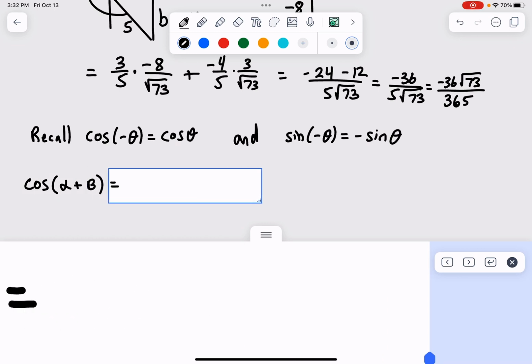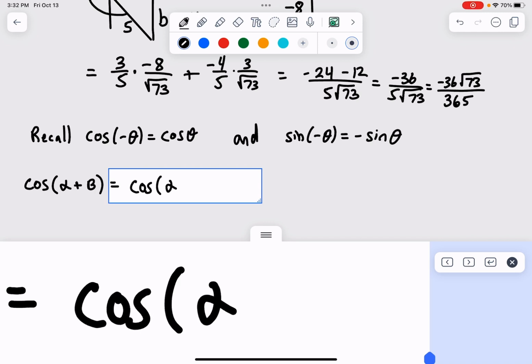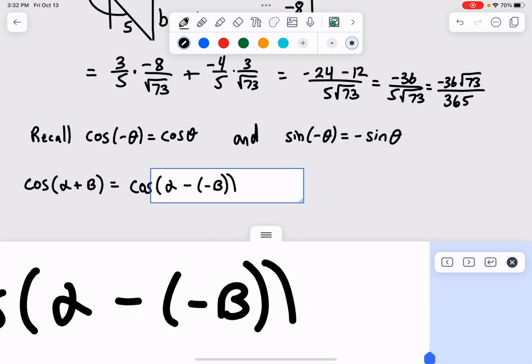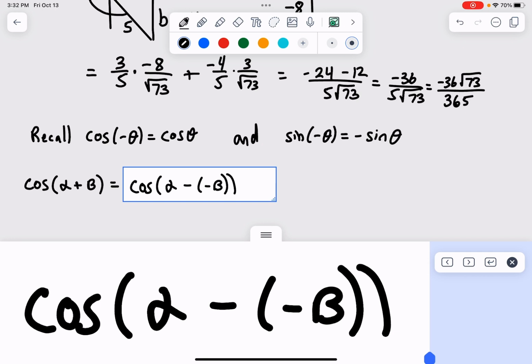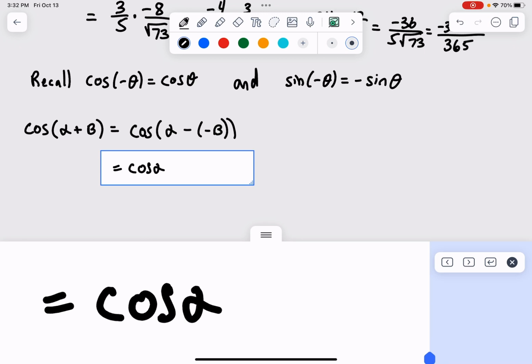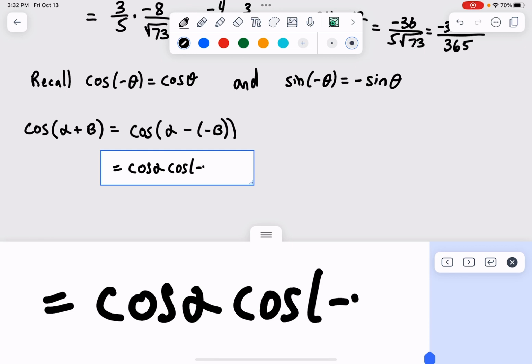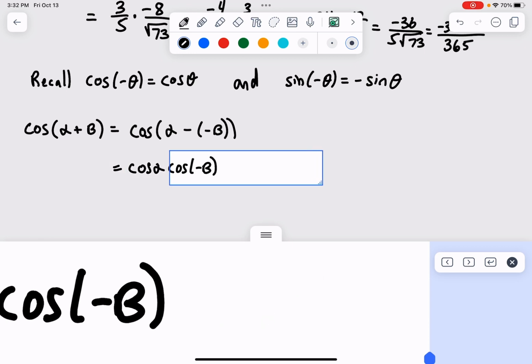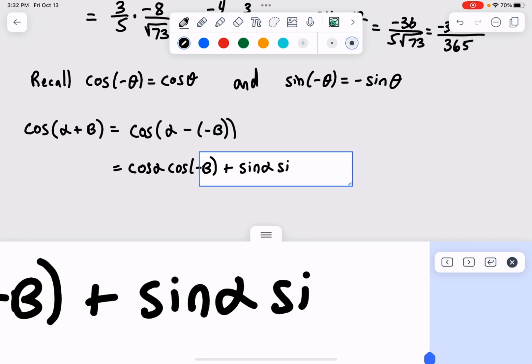So what we can do with cosine of alpha plus beta is express it as a difference. That would be cosine of alpha minus a negative beta. See, now it's a difference, and so we can use the identity from up above, which would say that's equal to cosine of the first, cosine of the second, plus sine of the first, sine of the second.